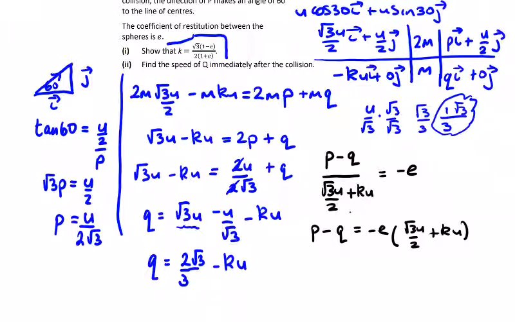So we fill in what p and q are now. We have u over 2 root 3 minus the first one. I left out a u here, I have just seen it now, so minus 2 root 3 u over 3. And then we have minus ku, so plus ku.